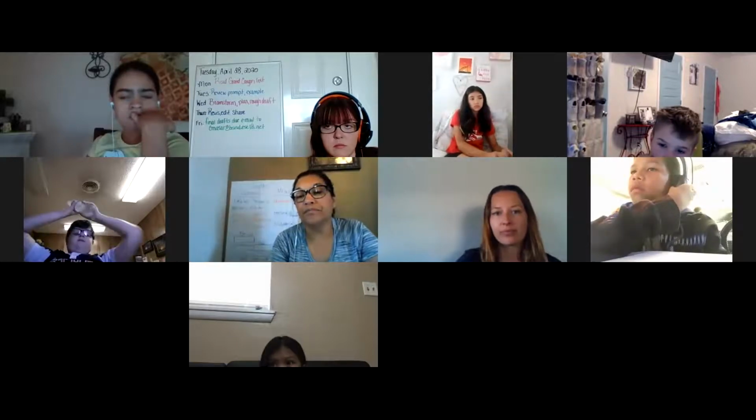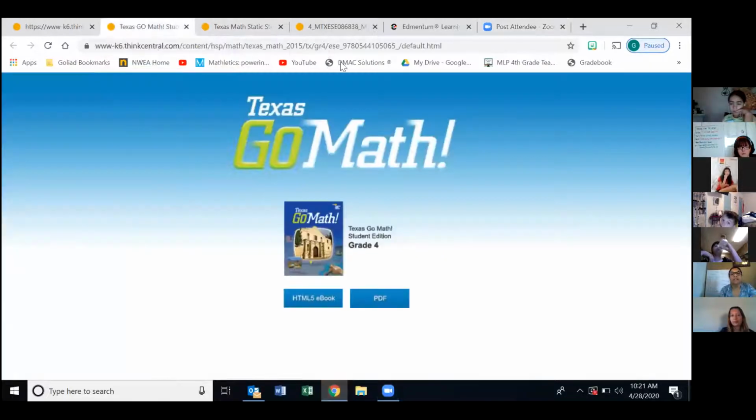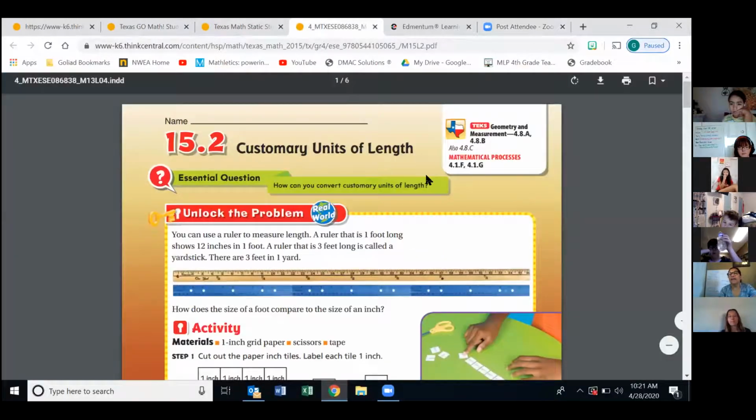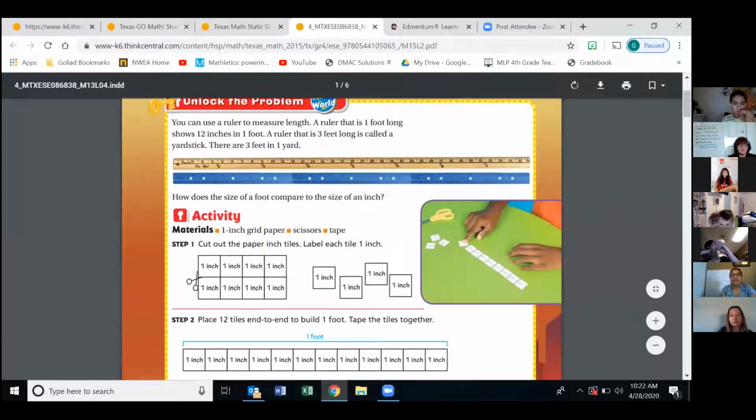So now I'm going to look at the lessons that y'all are doing for today. And the kids that took their packet home, your lesson looks like this, so you can look at it and follow along. This is kind of like what I just did with the ruler.